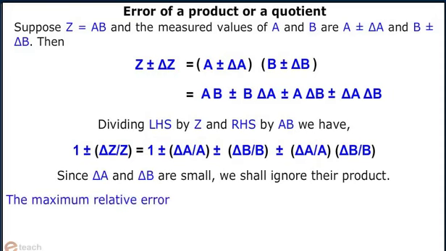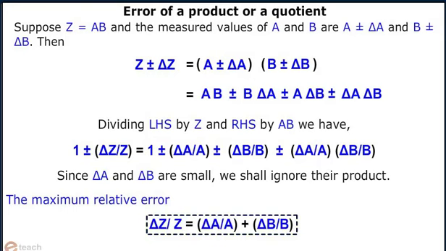The maximum relative error is delta Z by Z equals delta A by A plus delta B by B.